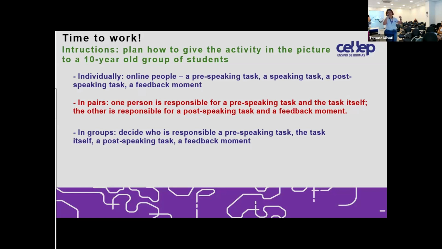For the post-speaking or post-task activity, we can do something like putting it together with the feedback moment. It can be something to reflect upon the activity, what the students thought, so it can be just one moment.